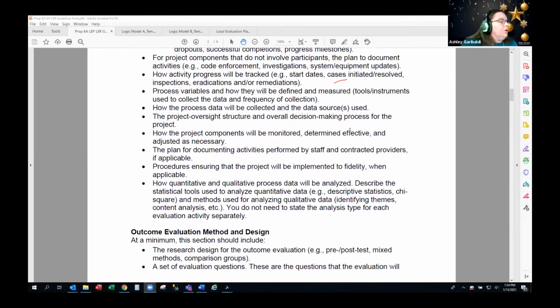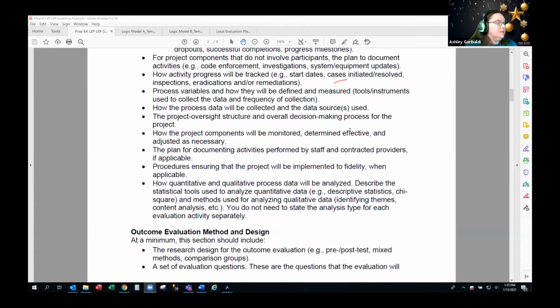Okay, and then again, a part of the process evaluation is we would like to know the plan for documenting activities performed by staff and contracted providers, if applicable, procedures ensuring that the project will be implemented with fidelity when applicable, and then how quantitative and qualitative process data will be analyzed.